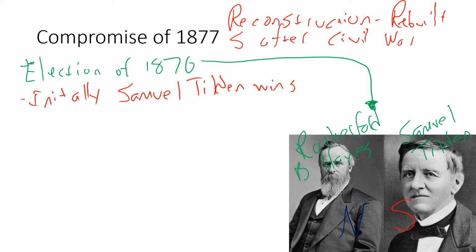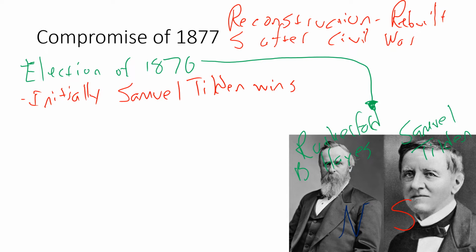But when we start looking closer at this election and counting the votes, we realize, wait a second, something's not right here. Samuel Tilden, who was a Democrat, had cheated in southern states. All of the southern states where Tilden had rigged the vote, these votes get thrown out.